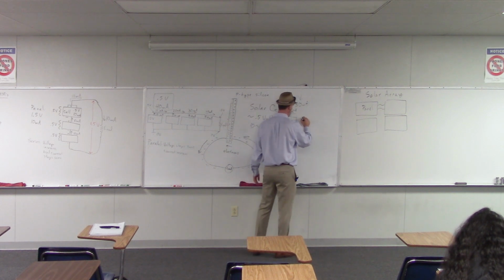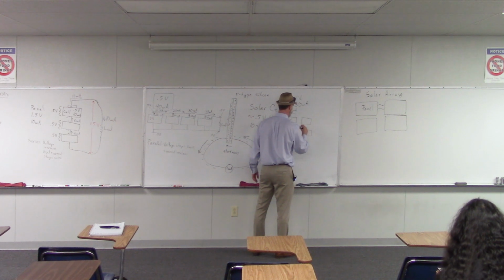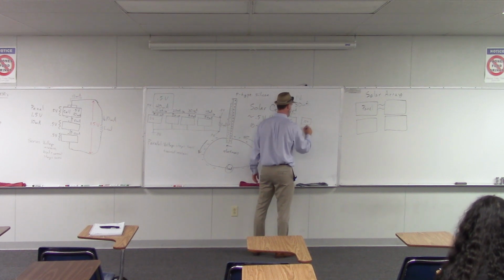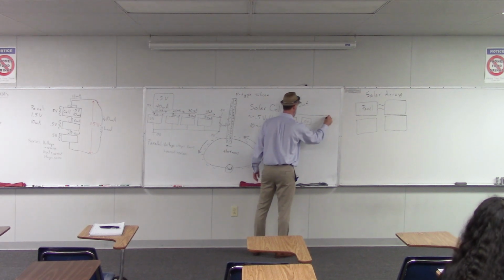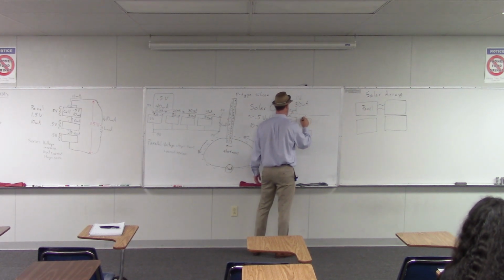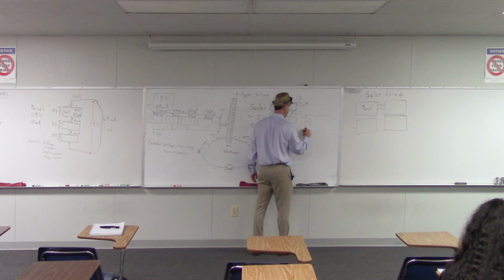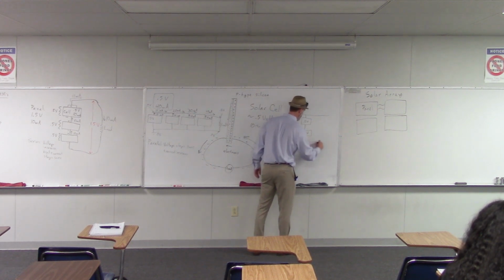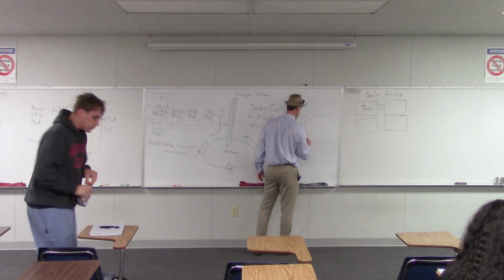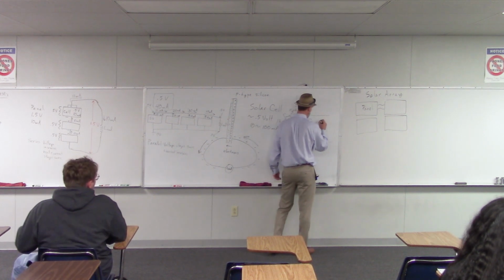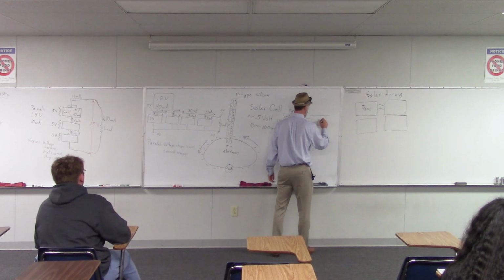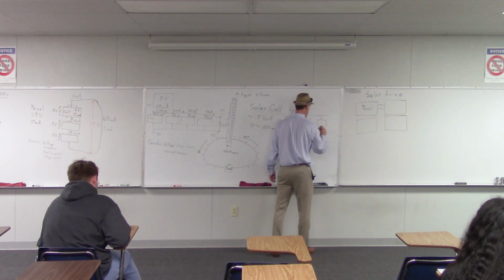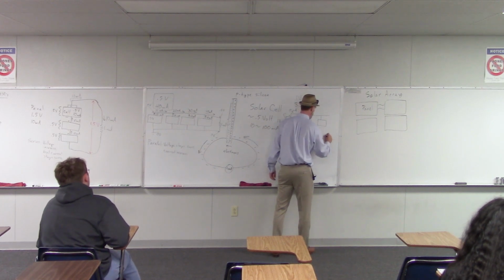So if you put 3 of those together in parallel, then you end up with 1 volt and 30 milliamps. And that's the kind of thing that they do with the Tesla cars. They put these batteries together in series and in parallel in order to get the voltage and current that they need.